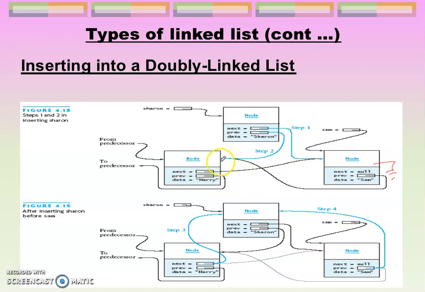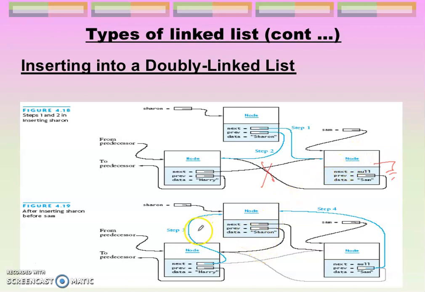The next node for this Sharon will be pointed to Sam, and the previous for this Sharon, our new node, will be pointed to Harry. So automatically this one will be removed. It means this will become our new node that has been inserted between Harry and Sam.